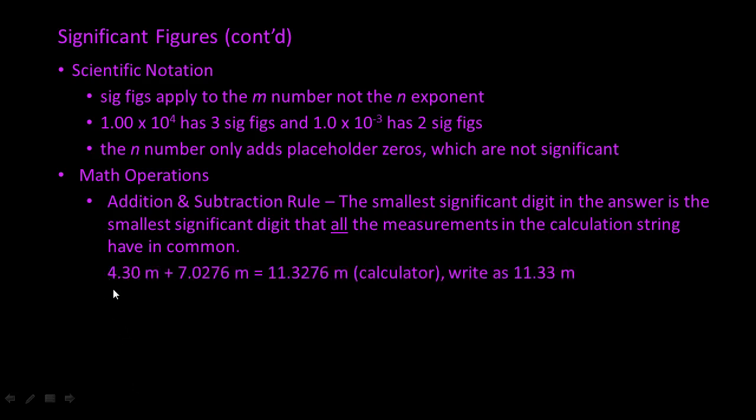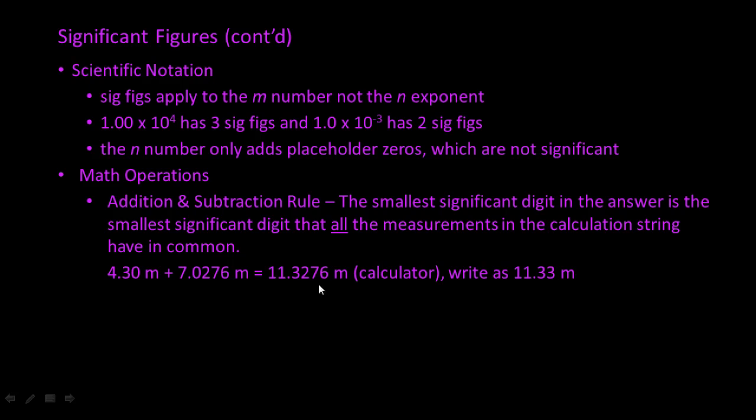Well, let's take 4.30 meters plus 7.0276 meters. Now clearly, this number here is much more precise, has much more certainty. And when we put them into our calculator, we're going to get 11.3276 meters.